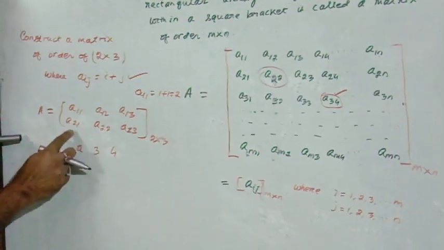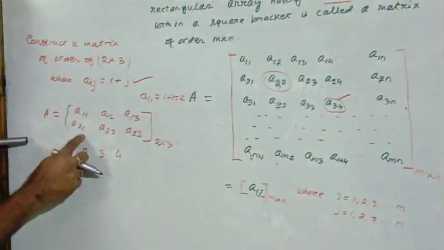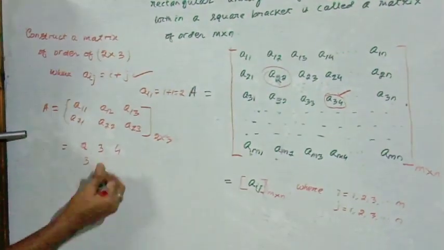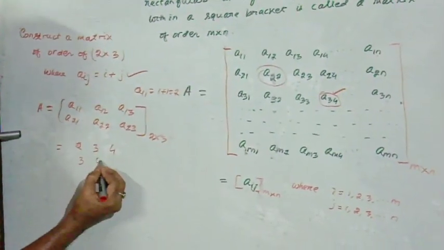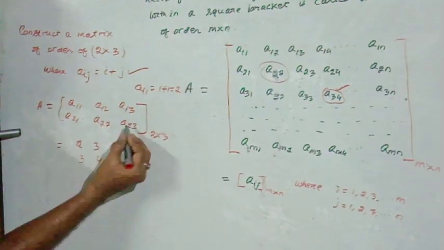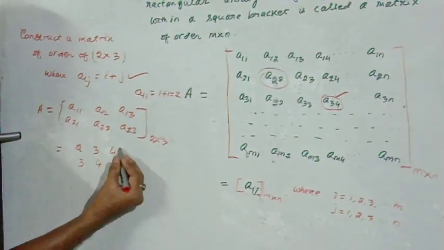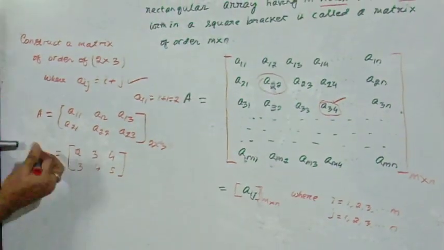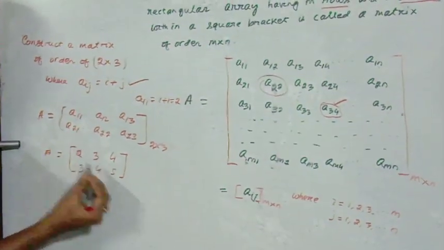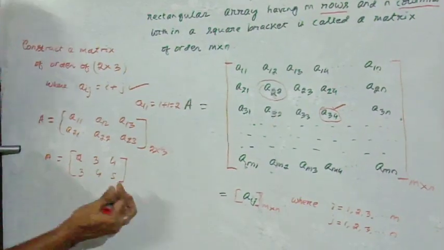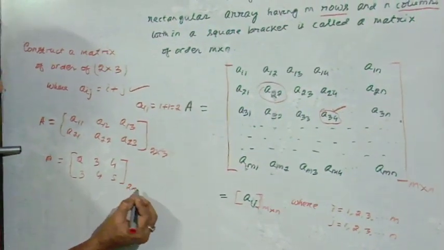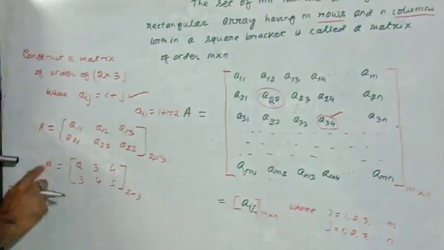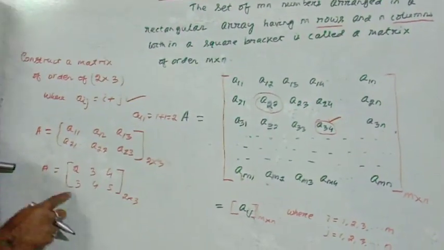A21 is 2 plus 1, that is 3. A22 is 2 plus 2, that is 4. A23 is 2 plus 3, that is 5. So the matrix is given by 2, 3, 4, 3, 4, 5 of order 2 cross 3. If aij is given by i plus j, then this matrix A will be given by this.